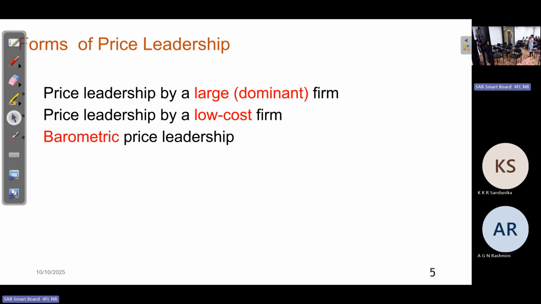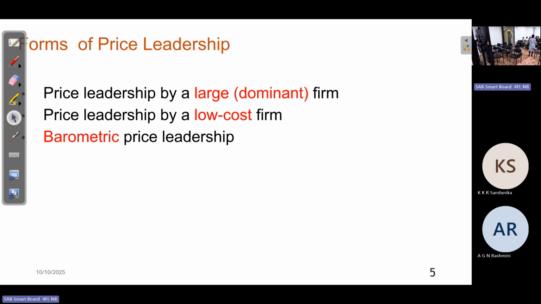Understood? Then the third type is barometric price leadership. A barometric leader is a firm that is concerned about market volatility. All other firms assume this particular firm is well aware of the market conditions, whether it is market volatility, changes in demand, or changes in input cost.